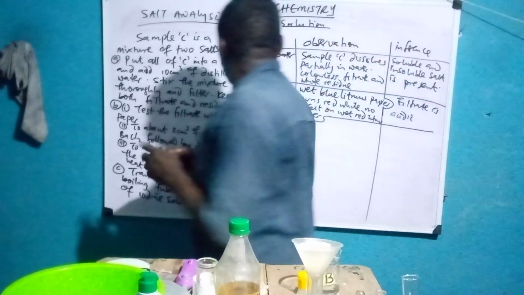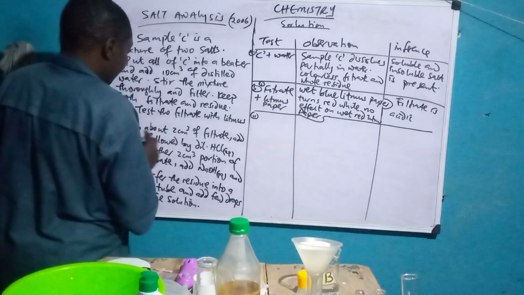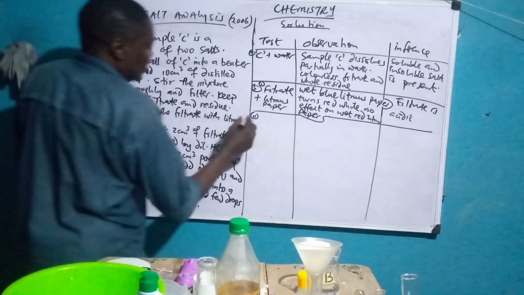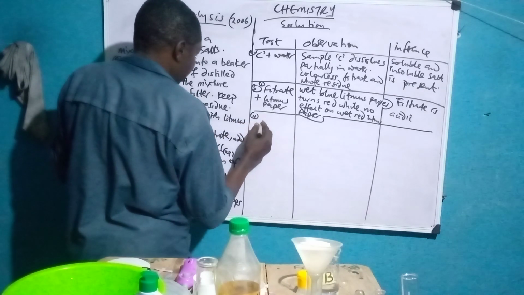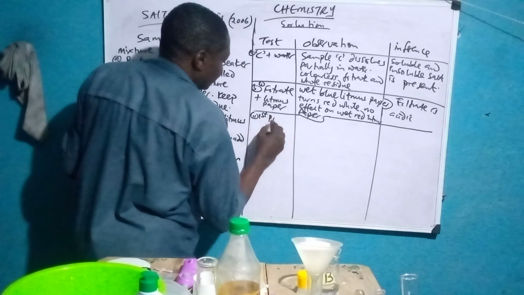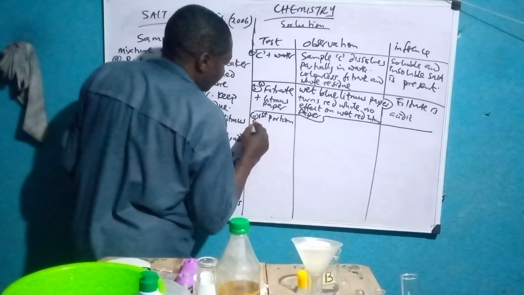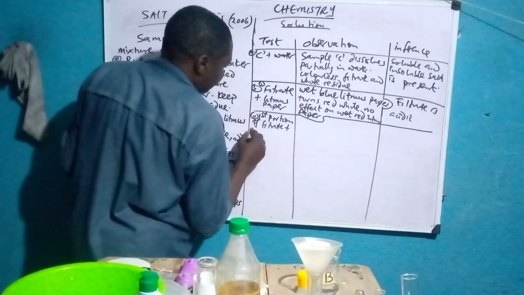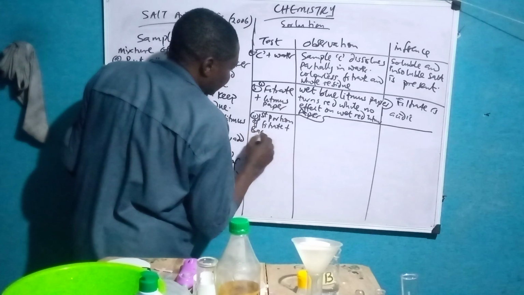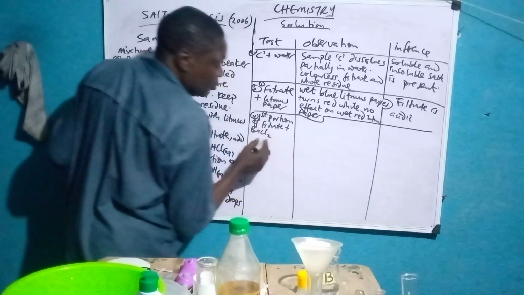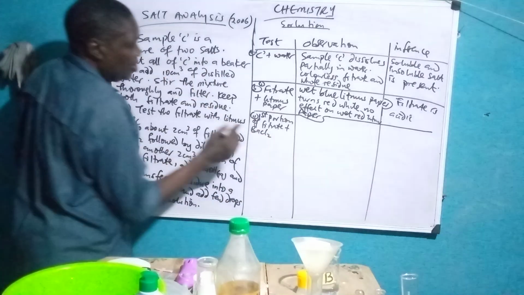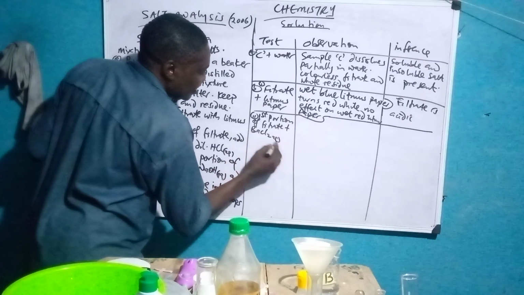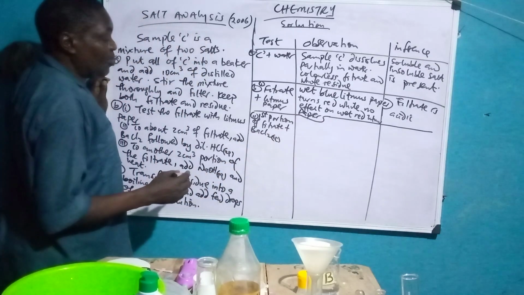So here you now write: first portion of filtrate plus barium chloride. You must put aqueous here, AQ, meaning it is dissolved in water.